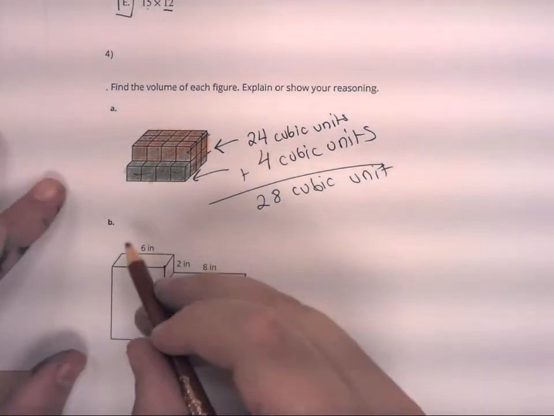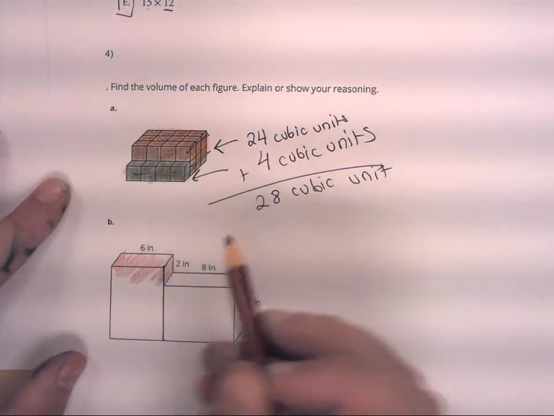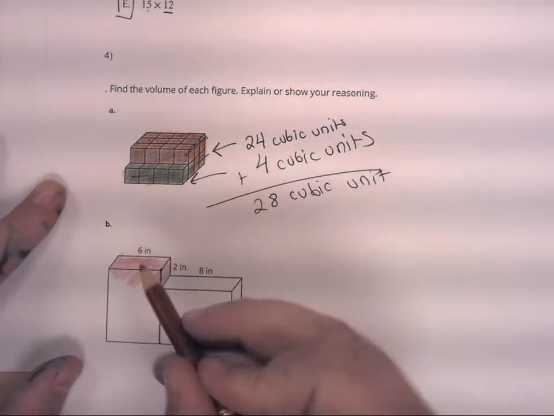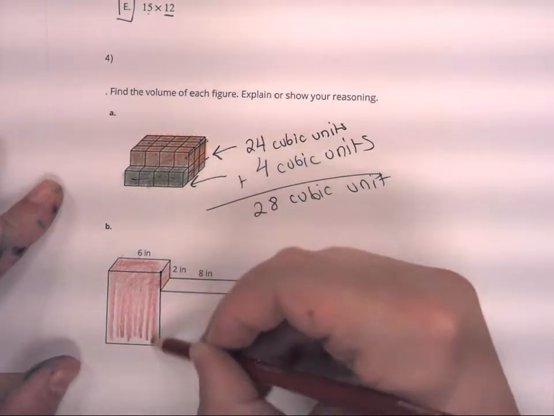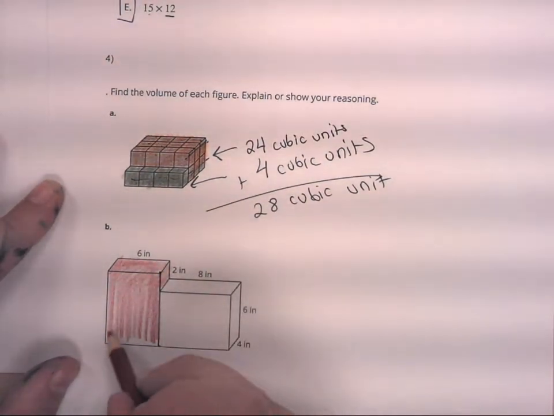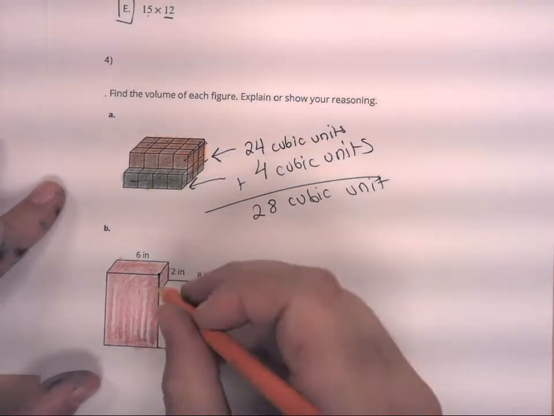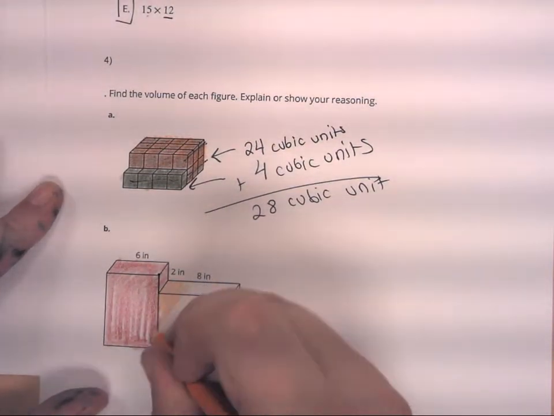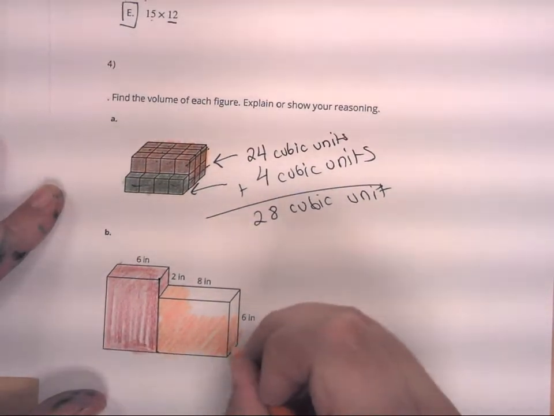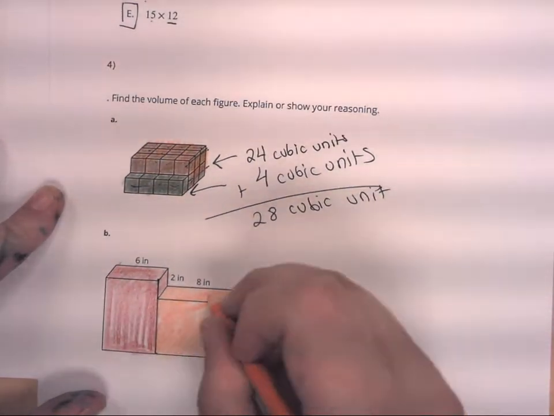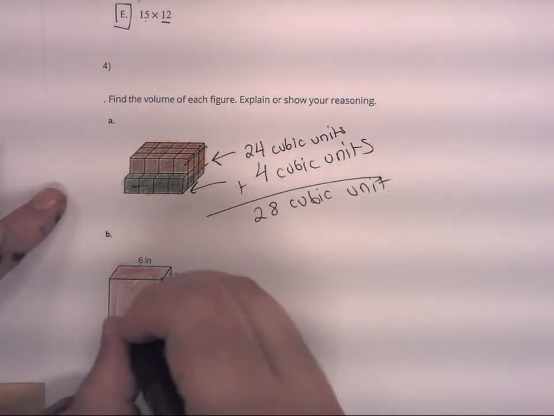And again, I'm going to use colored pencils to shade in both prisms. And then I'm going to label each prism.